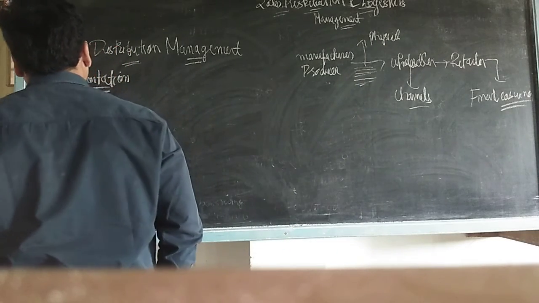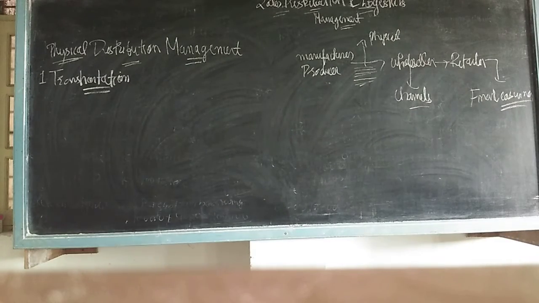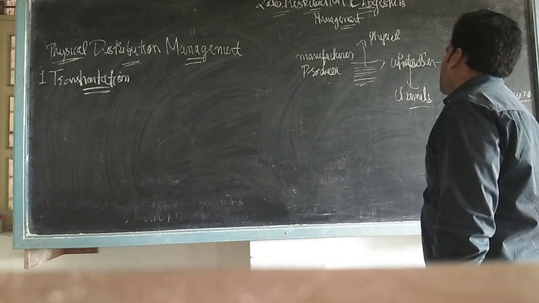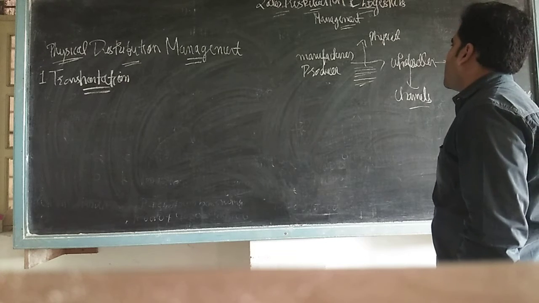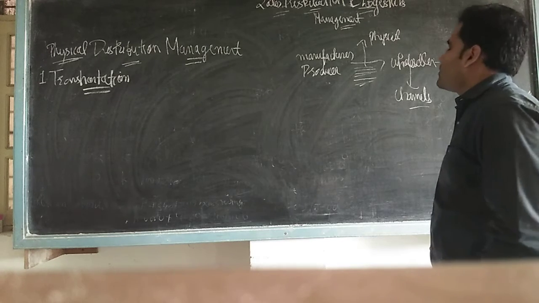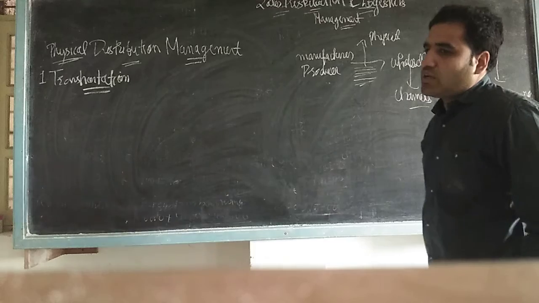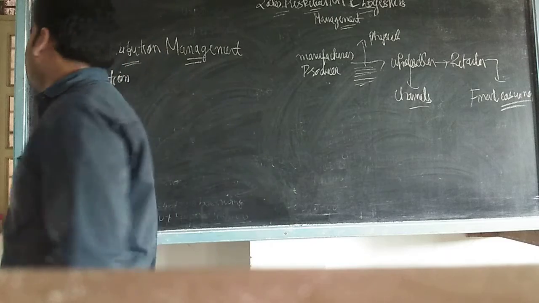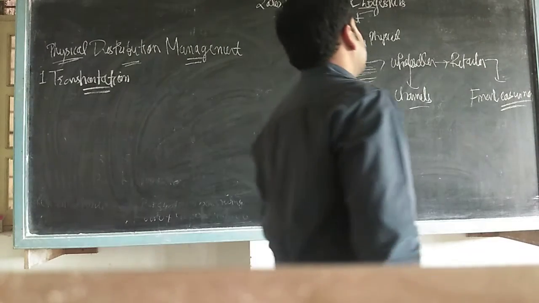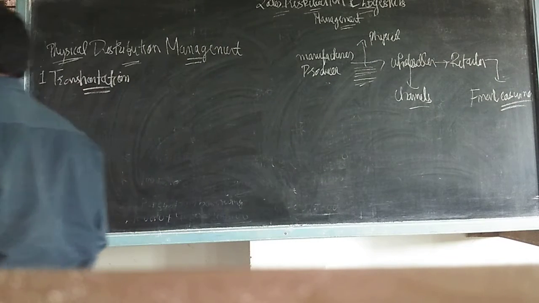ठीक है, तो उसके कंपोनेंट जो है, सबसे पहला है ट्रांसपोर्टेशन ऑफ प्रोडक्ट. ठीक है, ट्रांसपोर्टेशन ऑफ प्रोडक्ट मतलब कि मैन्युफैक्चरर से होलसेलर पर किस प्रक्रिया का प्रयोग करते हुए माल को पहुंचाया जा रहा है, और होलसेलर से रिटेलर तक किस ट्रांसपोर्ट फैसिलिटी का यूज करते हुए पहुंचाया जा रहा है, और रिटेलर से किस तरह से फाइनल कंज्यूमर तक पहुंचाया जा रहा है. दिस इज नोन एज द ट्रांसपोर्टेशन ऑफ प्रोडक्ट्स. ठीक है, सो अपन अगर चैनल्स की बात नहीं करें तो किस तरह से फिजिकली जो प्रोडक्ट है, गुड्स हैं, उनको फाइनल कंज्यूमर तक पहुंचाने का जो प्रक्रिया है, दैट इज नोन एज द फिजिकल डिस्ट्रीब्यूशन मैनेजमेंट.